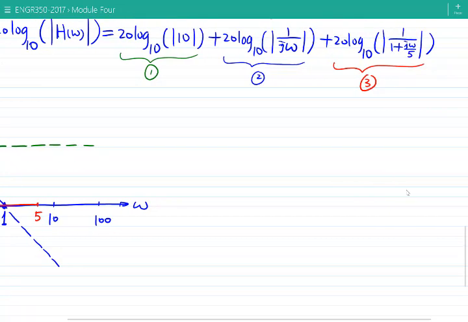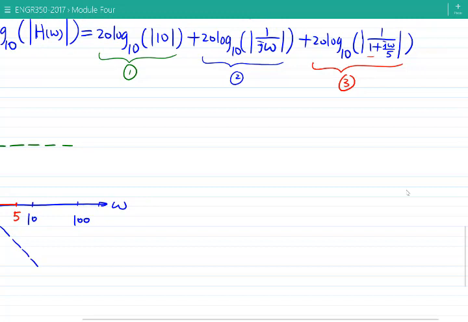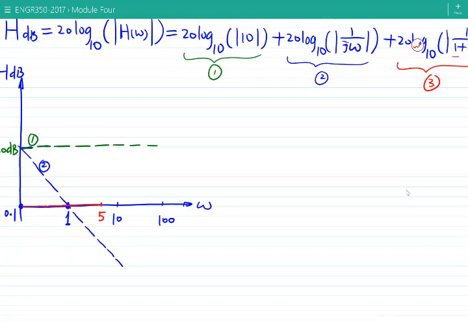When the frequency is high, the 1 in the denominator can be ignored, so for factor number 3 we will have a straight line with minus 20 dB per decade.